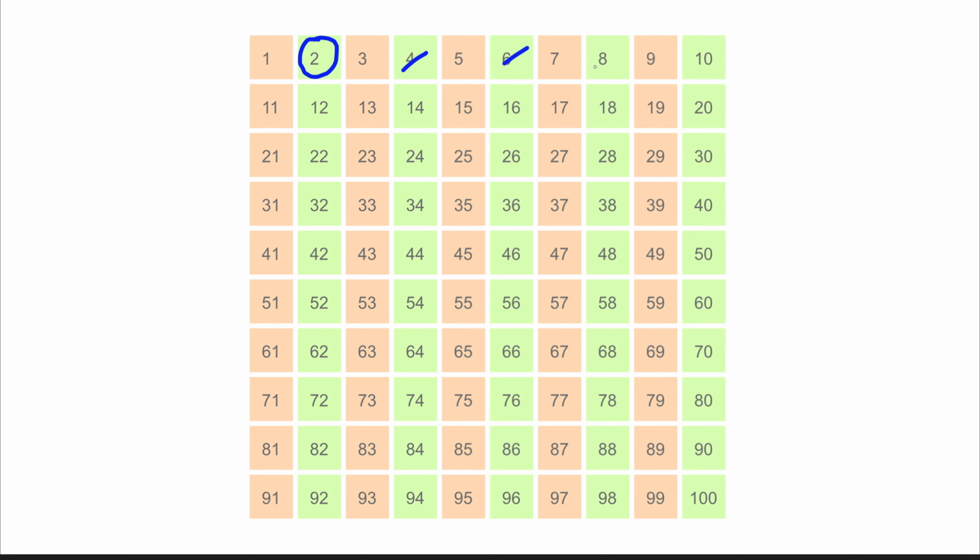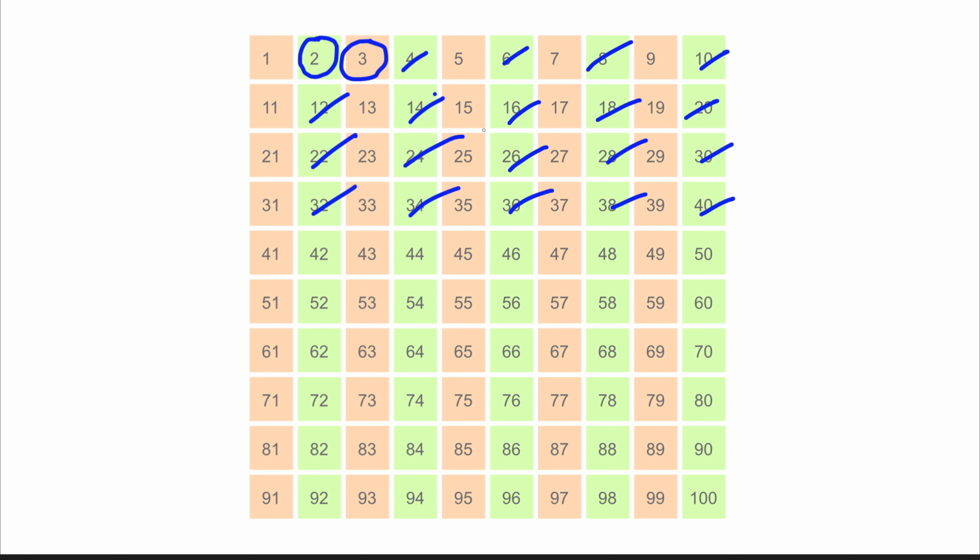So all the multiples of 2 are the even numbers, like that, and so on. And we could carry on. And then we look at the next number, 3, and keep that, and then we cross out multiples of 3.